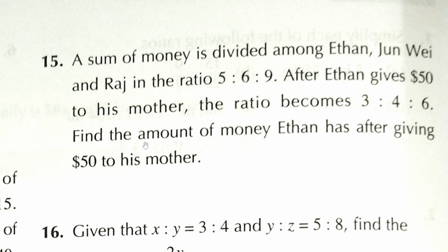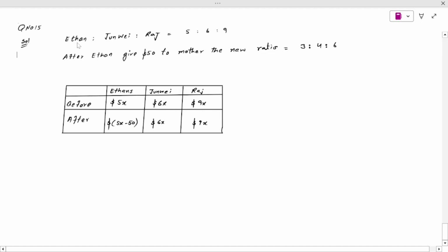So let us solve this question. The ratio of the amounts between Ethan, Junway and Raj is 5:6:9. So the initial amounts should be 5x dollars, 6x dollars and 9x dollars, where x is multiplied with the simplified ratio.